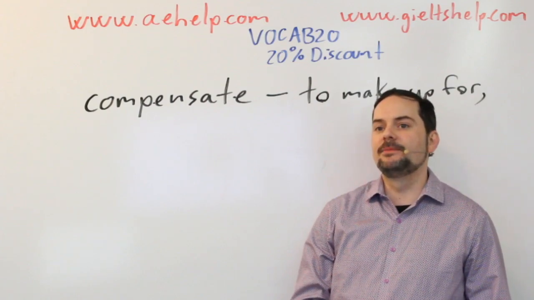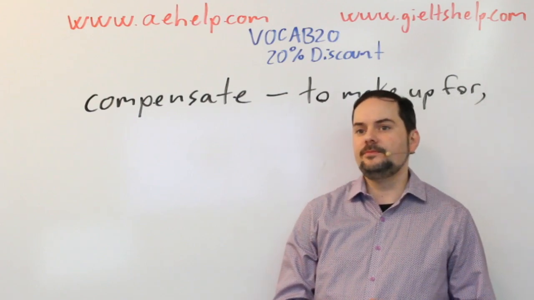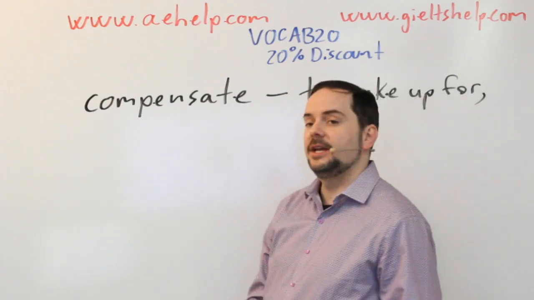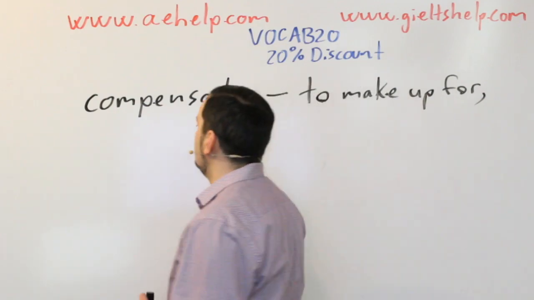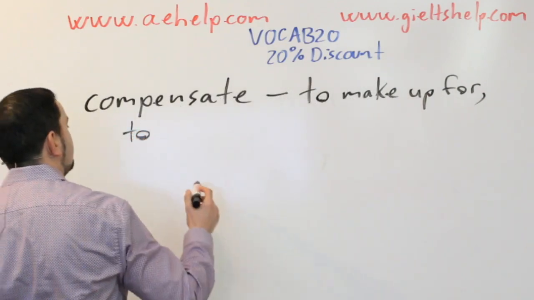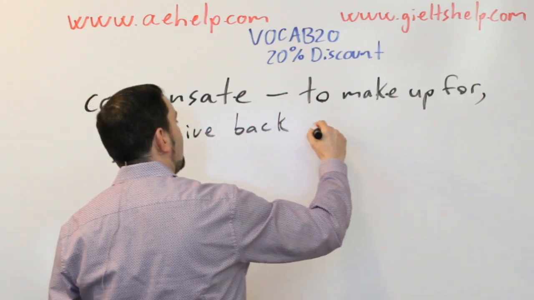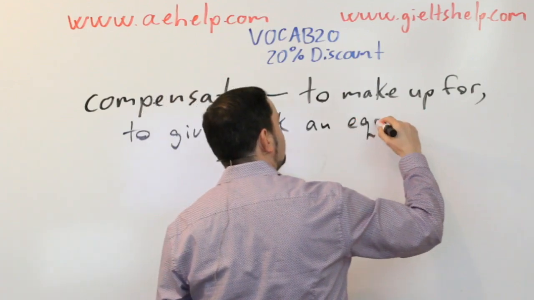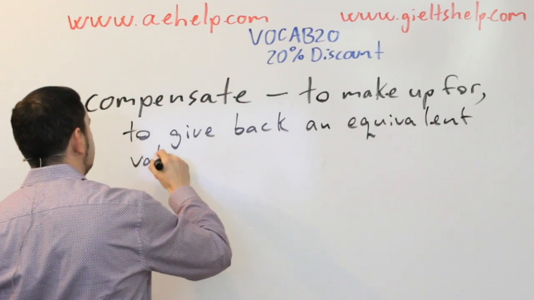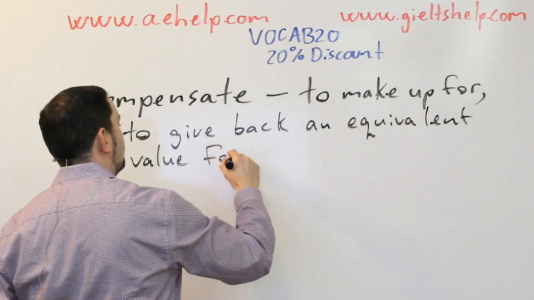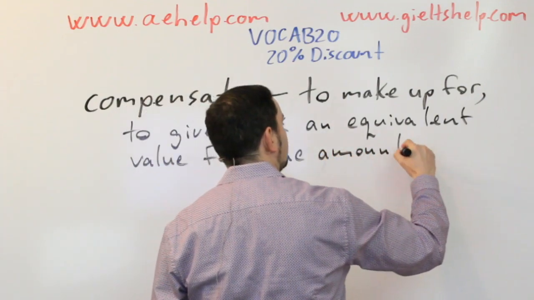To recover something, to pay against work. Okay, those are close. So to compensate, again, remember, you can describe words, means to give back an equivalent value for the amount taken.